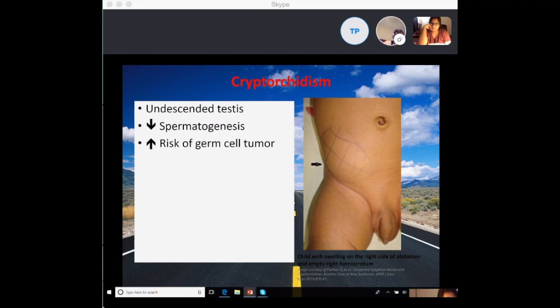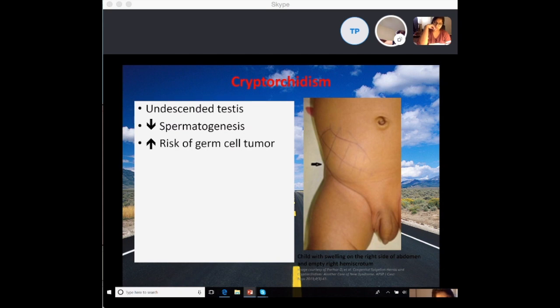Because there is an increase in body temperature inside the abdomen versus in the scrotum, these testicles are lacking spermatogenesis. So we are at an increased risk for germ cell tumors and an increased possibility of infertility.